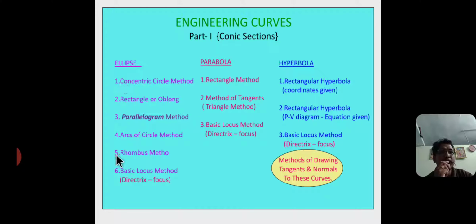These six methods are used to construct ellipse, and these three methods are useful to construct parabola, and similarly these three methods are useful to construct hyperbola. Now in this class I will explain about these two methods, that is the rectangle or oblong method and parallelogram method to construct ellipse.